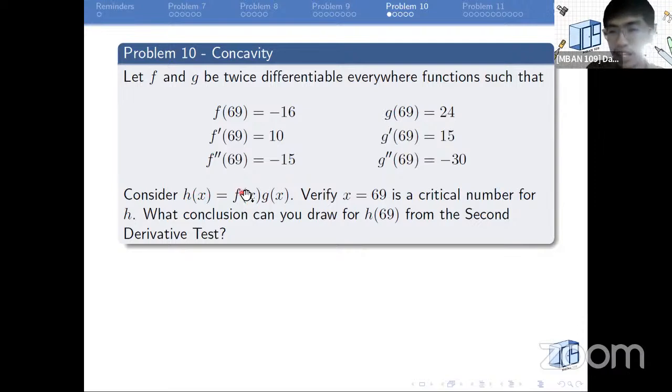Pero dahil ang given natin f of x times g of x, you have to remember what is the derivative of f of x times g of x.